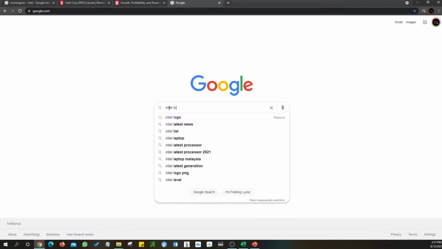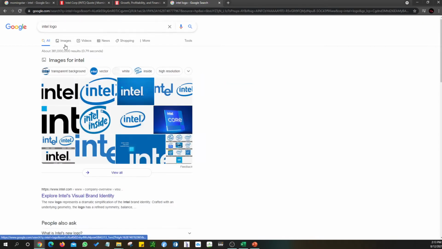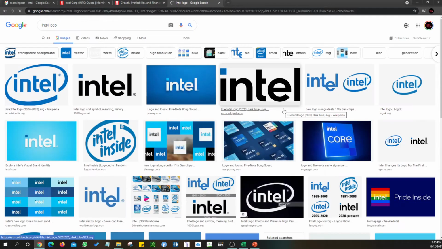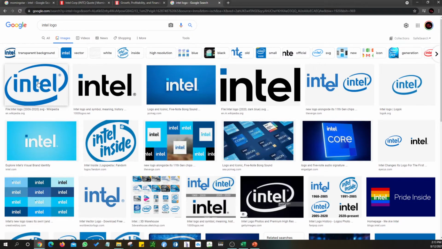Intel logo. Just to show you, anywhere you see this kind of sign or these kinds of stickers on your laptop or on your phone, you know that it has Intel's microprocessor.